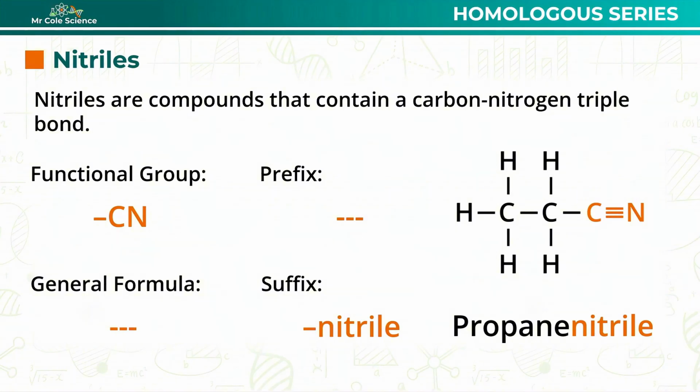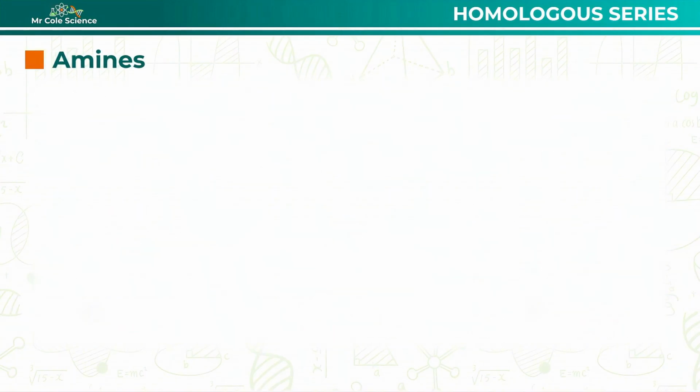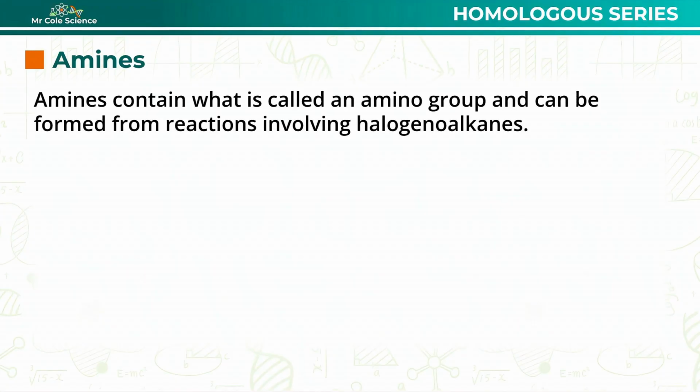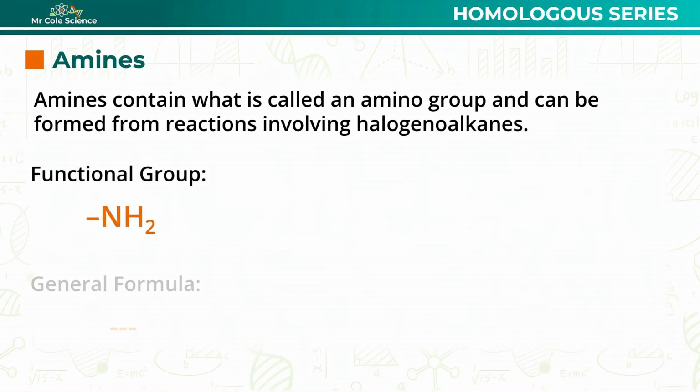The carbon-nitrogen triple bond is visible at the end of the carbon chain, and the suffix is present in the name. The final homologous series we need to look at is amines. Amines contain an amino group and so have NH2 as their functional group. As with nitriles, the general formula for amines goes beyond the scope of what you need to know for A-level chemistry and actually depends upon the type of amine you have.